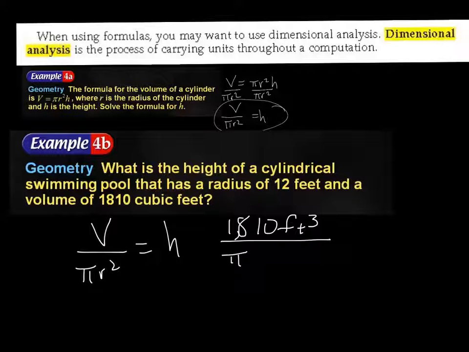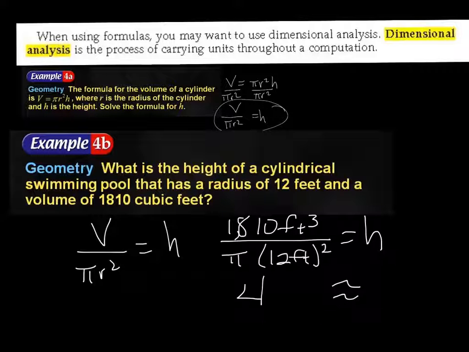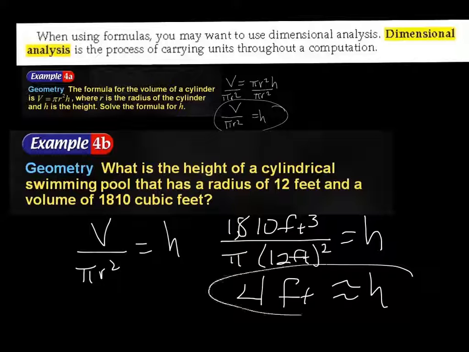And there's pi again, and the radius they gave us was 12 feet, and it has to be squared. When I put that in the calculator and divide, I get really close to 4, and feet cubed divided by feet squared would just be feet. And we knew that height should be feet anyway, so the dimensional analysis wasn't super helpful in this one. There's better problems for dimensional analysis than that.